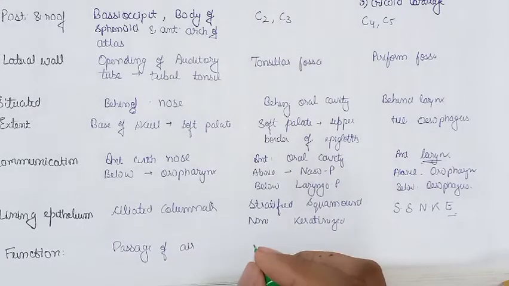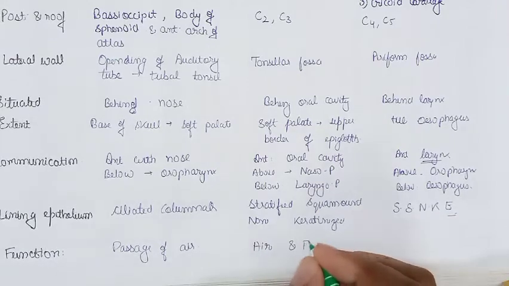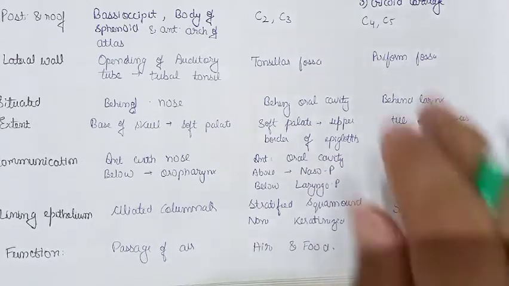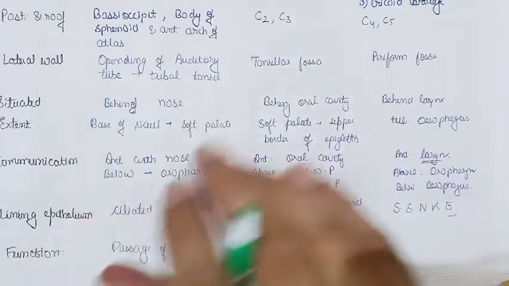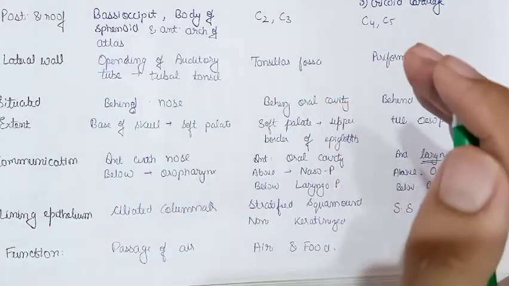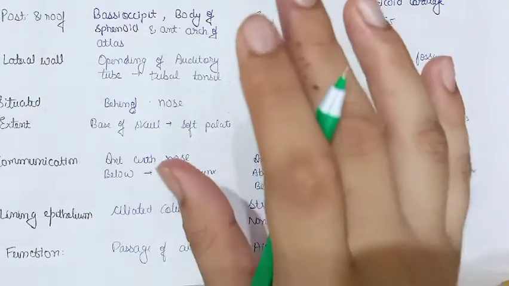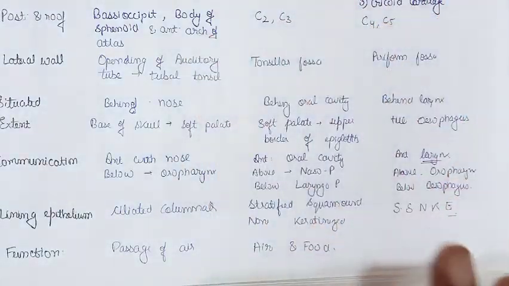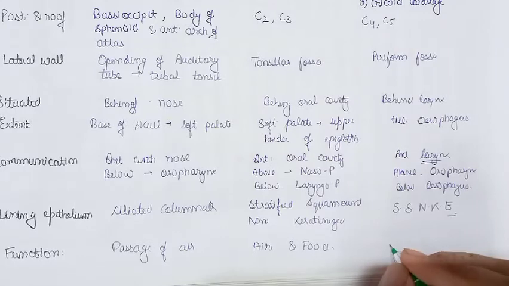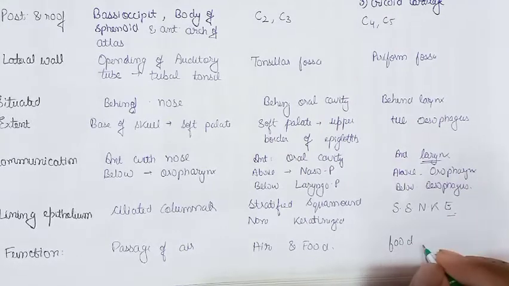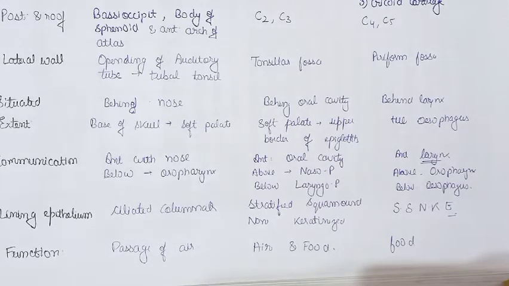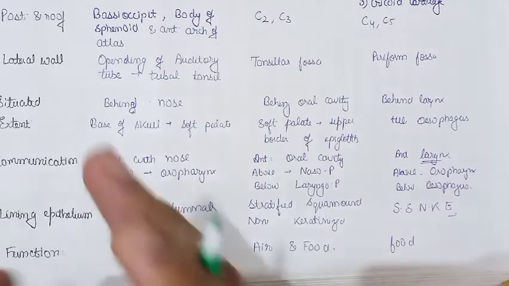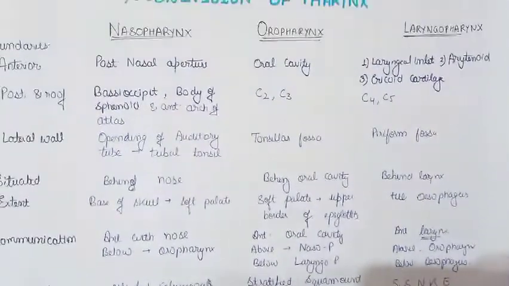In the oropharynx, we have air and also food. Students mostly make mistakes in the case of the laryngopharynx. Whenever students hear laryngopharynx, they automatically say air, but it's not true. The laryngopharynx is situated behind the larynx, so it contains only food. It performs the function of food passage.